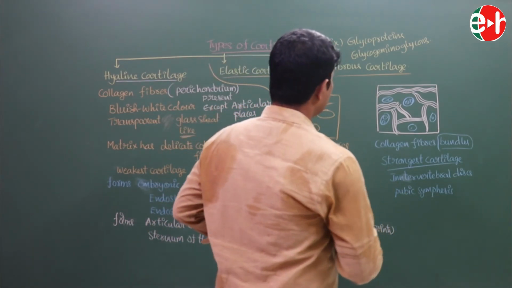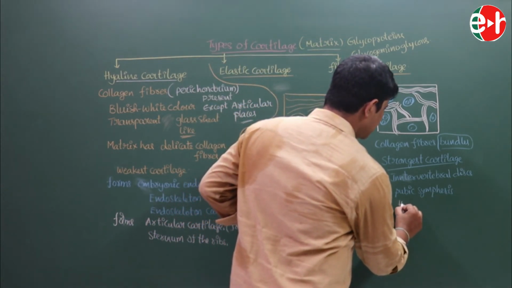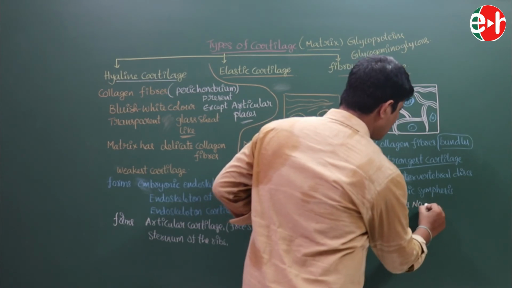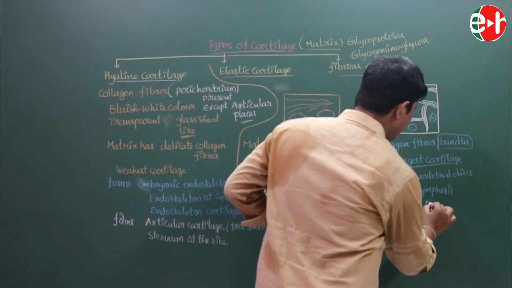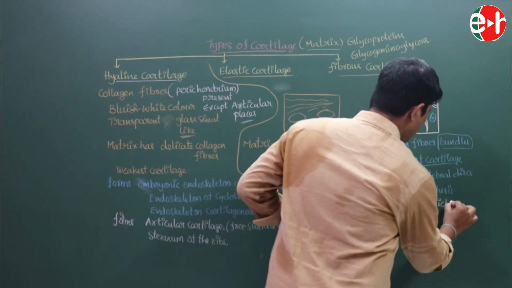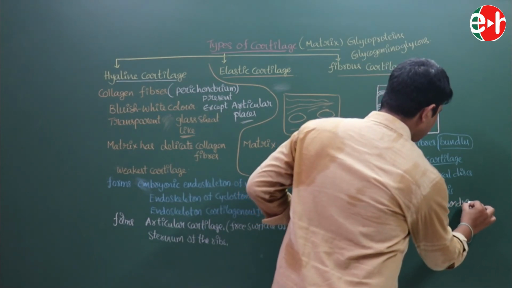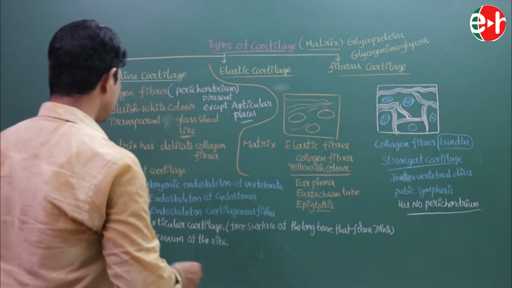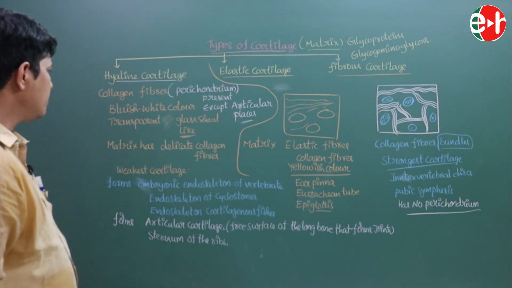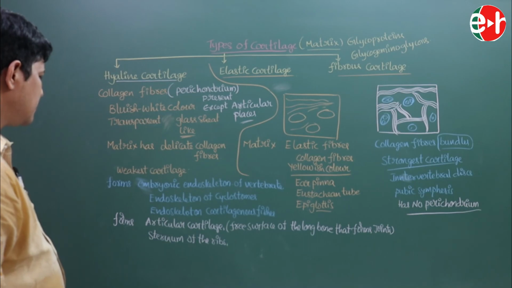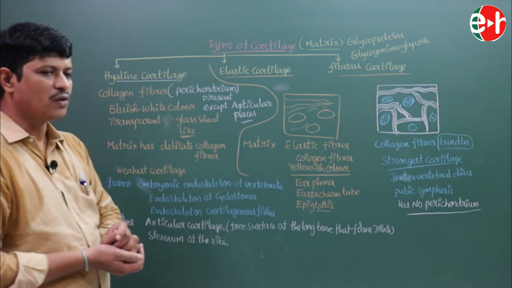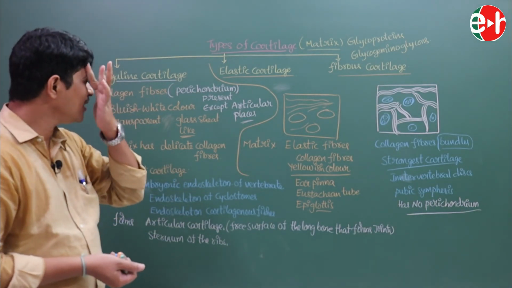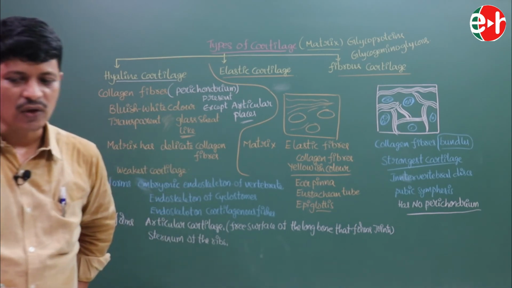One more point: the fibrous cartilage has no perichondrium. It is absent in the fibrous cartilage and the articular membrane of the cartilage. So this is regarding the types of cartilage.